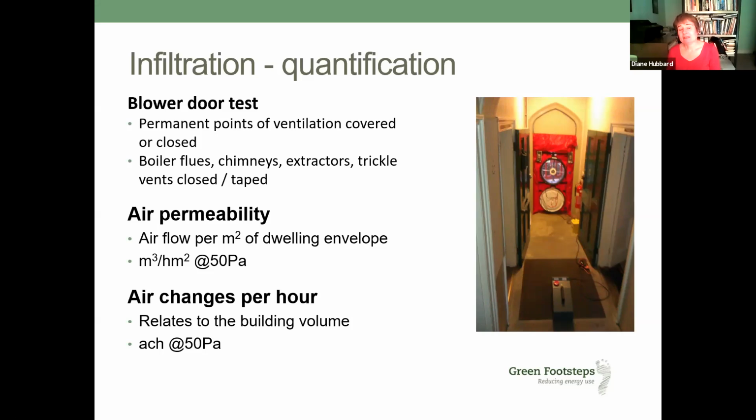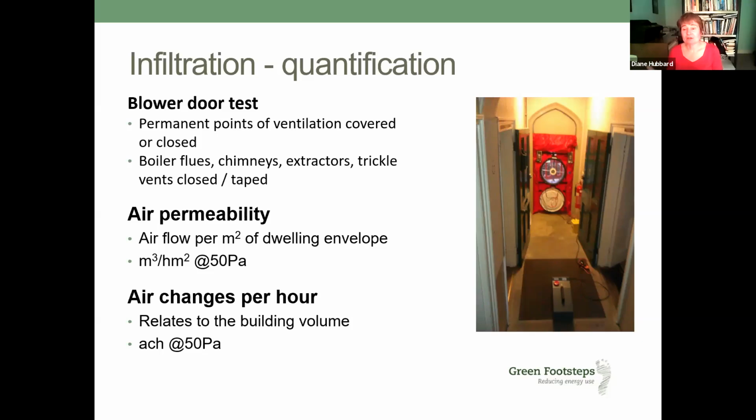Air permeability is the flow rate that the fan actually has to create to maintain a pressure difference. So the easiest way of thinking about it is looking at the units. We've got this fan that is moving air in meters cubed per hour, and we're trying to maintain a pressure difference between inside and outside the building.